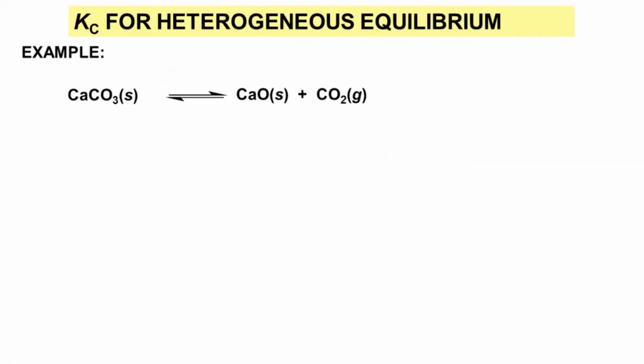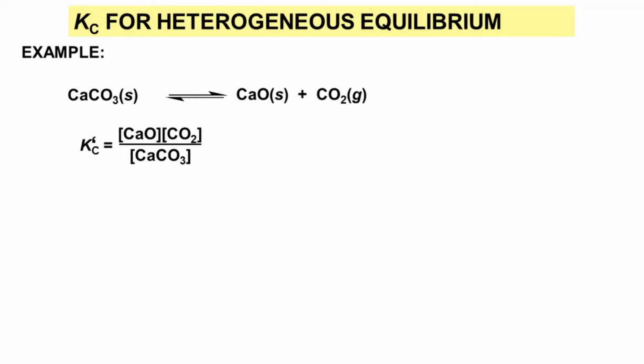For heterogeneous equilibrium, for example, solid calcium carbonate dissociates to form solid calcium oxide and carbon dioxide gas. The equilibrium constant expression Kc is expected to be the concentration of calcium oxide multiplied with the concentration of carbon dioxide over the concentration of calcium carbonate.